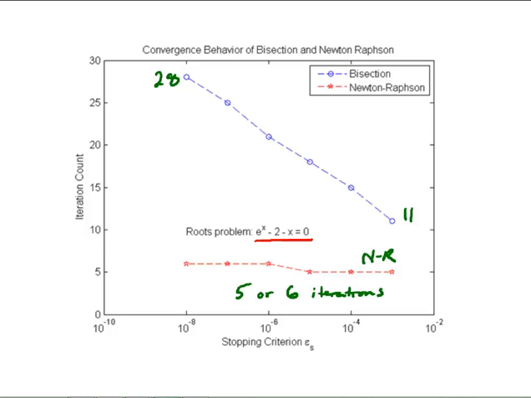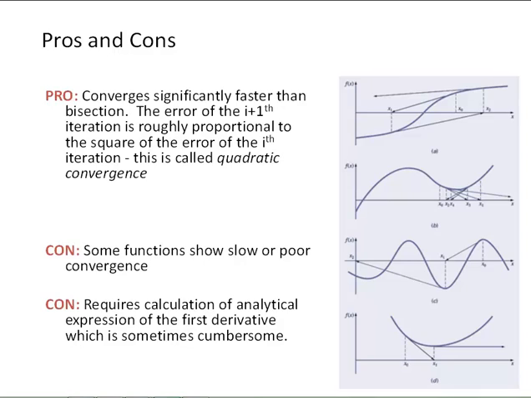So let's talk about some other pros and cons of Newton-Raphson. As we saw, it does converge significantly faster than bisection. In fact, we're not going to show it here, but you can show that the error of the i+1th iteration is roughly proportional to the square of the error of the ith iteration.